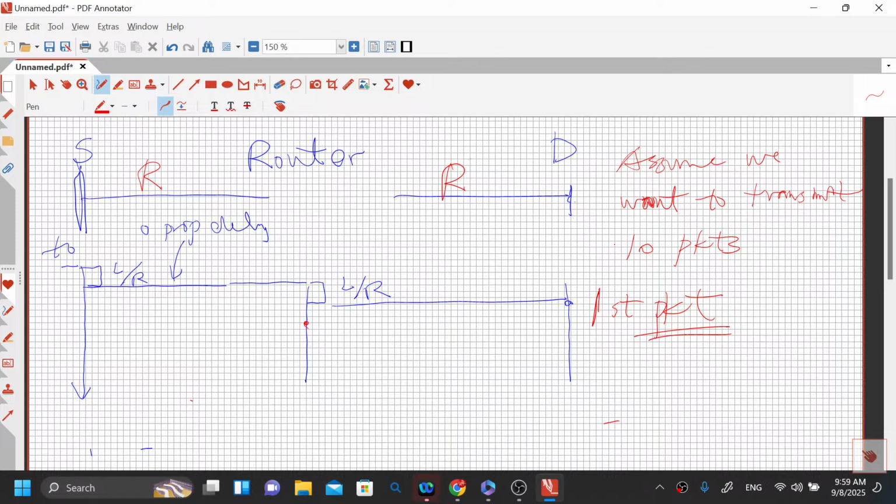So how about 10 packets? We have 2 L over R, and right now we multiply by 10. So if we have 10 packets simultaneously, the time for the final one to reach the destination, we should have 2 L over R multiplied by 10. Is it okay?